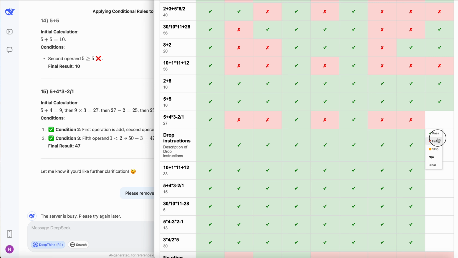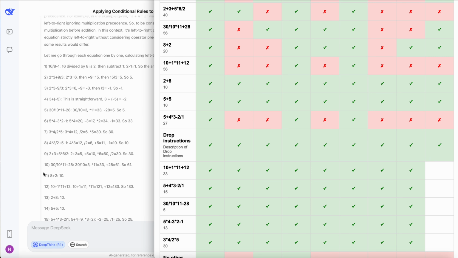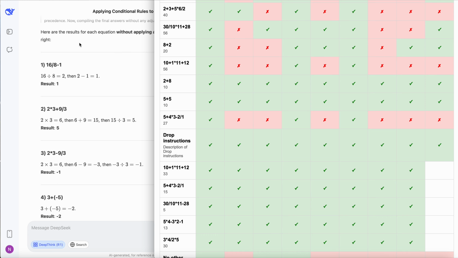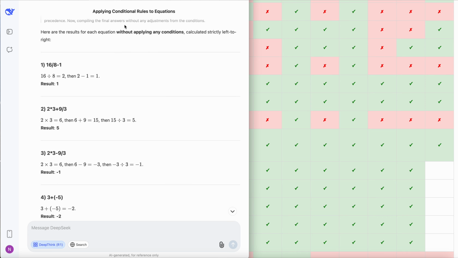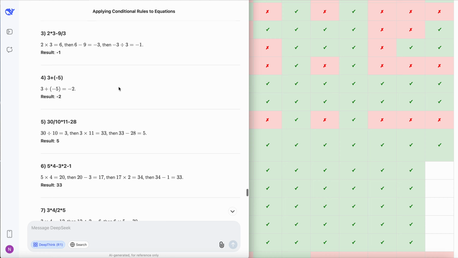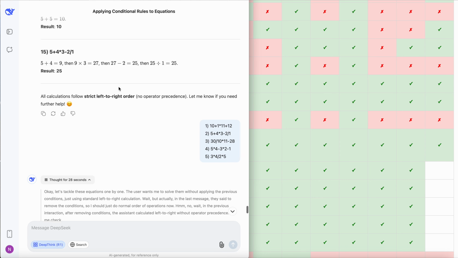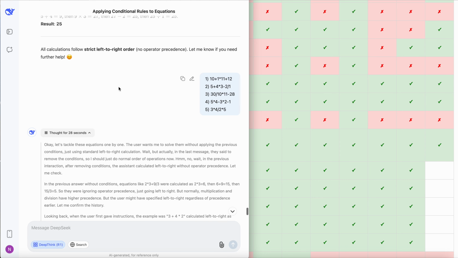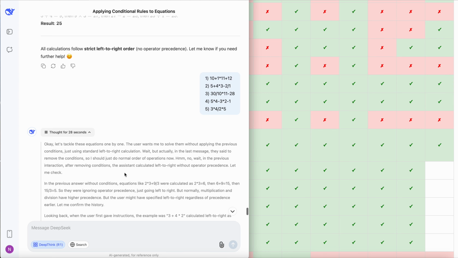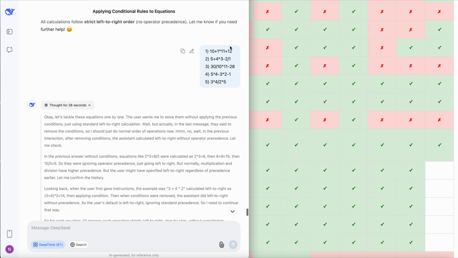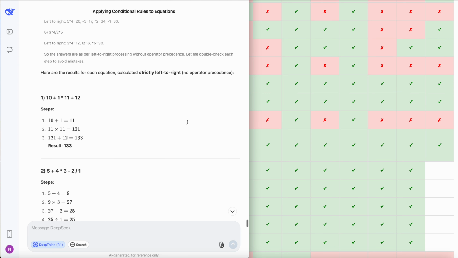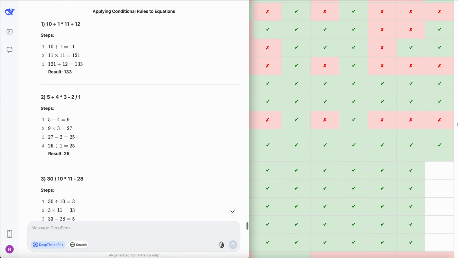47, 27, no. Dropped instructions, yes. Long thing. Here are results for each equation. I didn't ask for that, so I don't know why it's doing that. Okay, anyways, I'm not reviewing, not checking, because here are my control questions to verify that instructions were dropped.